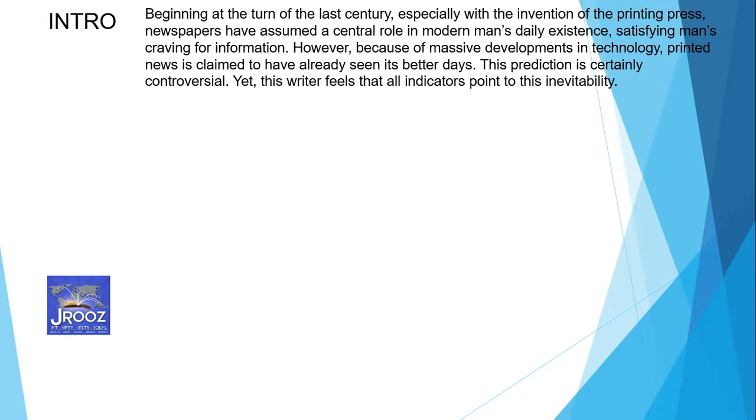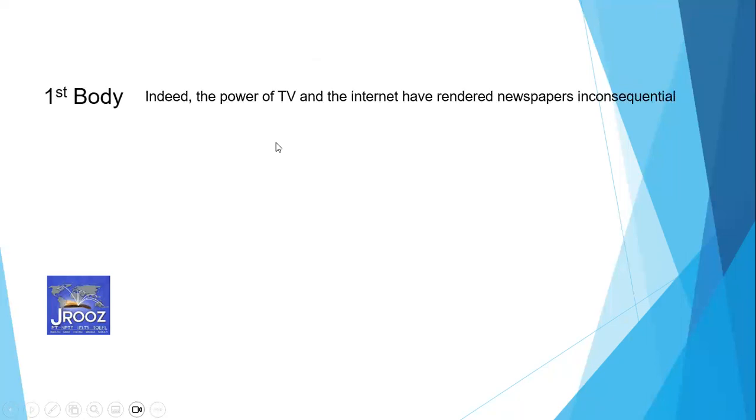So let's proceed to the first body paragraph. So as you can see through the thesis statement, then I am agreeing to the proposition. Then we're now proceeding to the first body paragraph. Topic sentence. Indeed, the power of TV and the internet have rendered newspapers inconsequential.